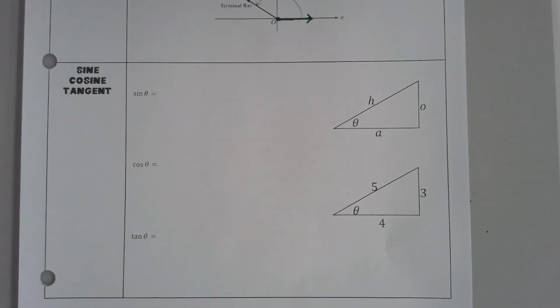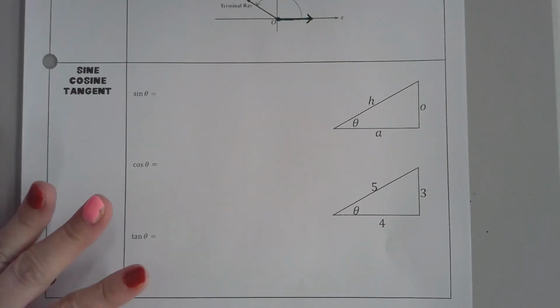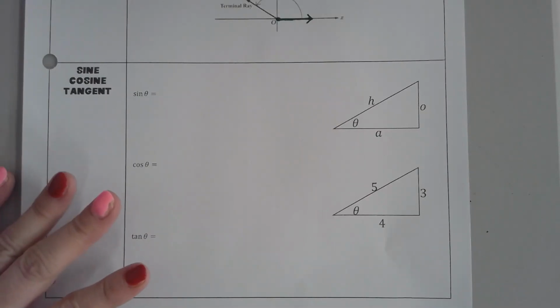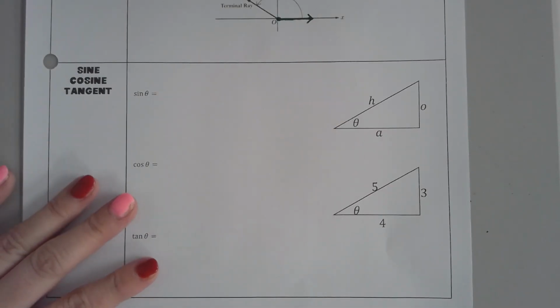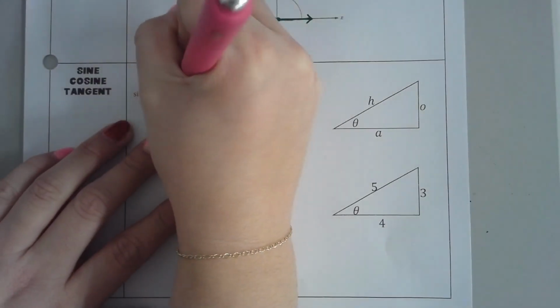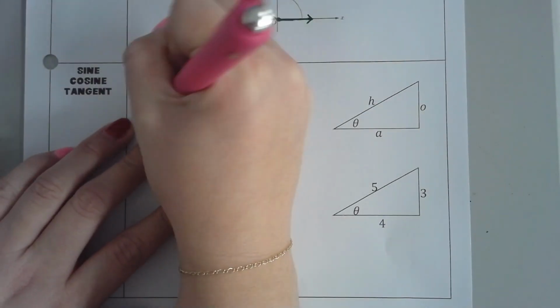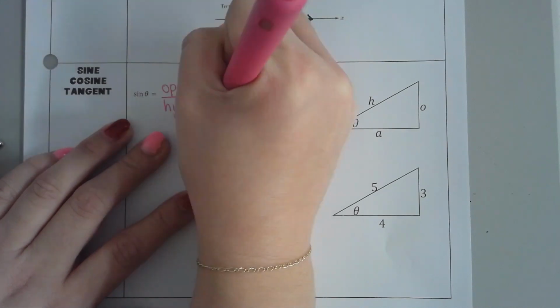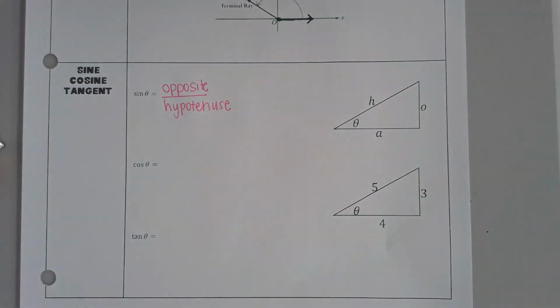So we're going to review sine, a ratio, a fraction. Does anybody remember what the fraction is that goes with sine? It's a fraction. What's on the fraction? You may remember: opposite over hypotenuse. Yes. You probably learned SOHCAHTOA or one of the acronyms.